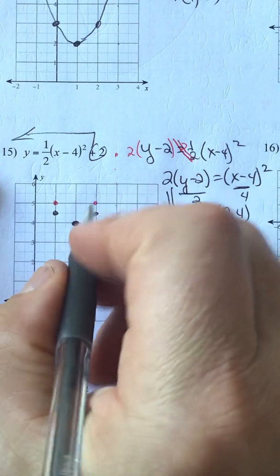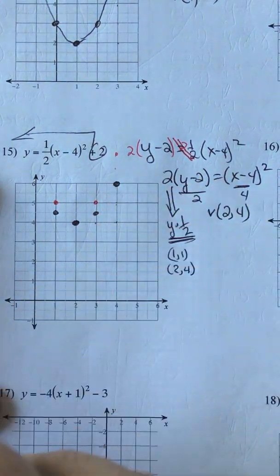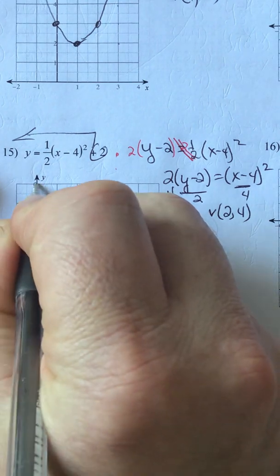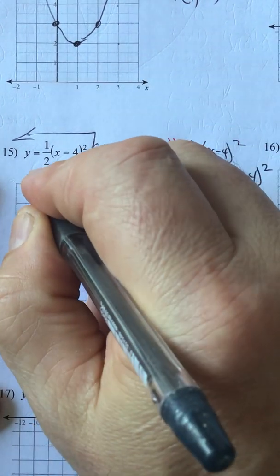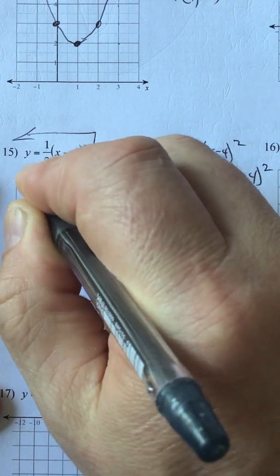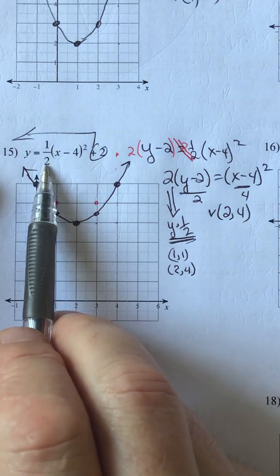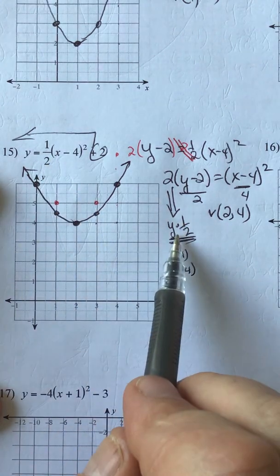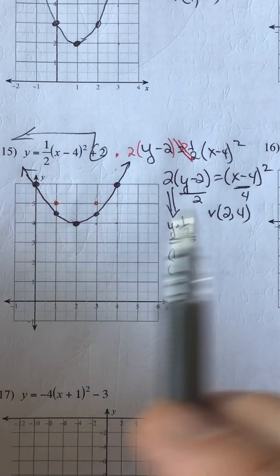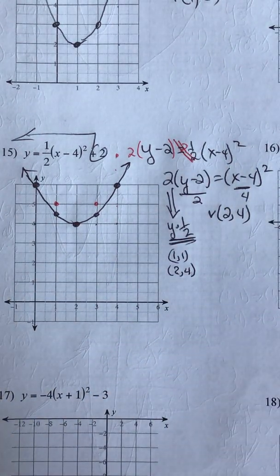Instead, I'm going to go over 2, up half as much, and over 2, up half as much. So it's right there. So that 1/2 meant it was going to go up half as much. But don't think about that. Move the things around and then just always do the inverse.